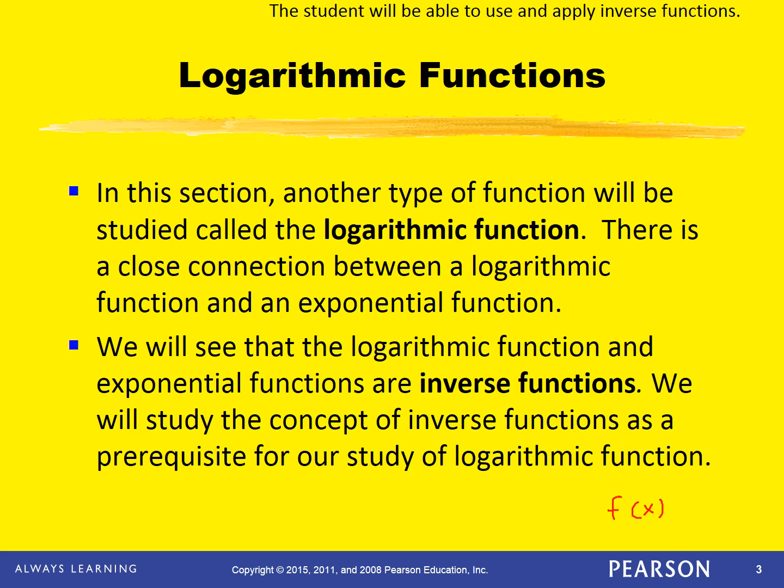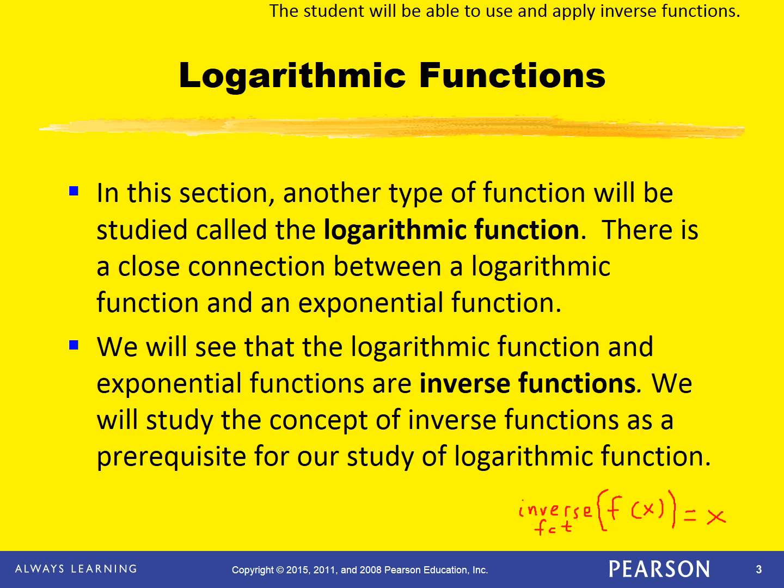Well, f maybe has an inverse. And so you're going to make that f of x now the input of the inverse function. And when you do, the result is the original x.